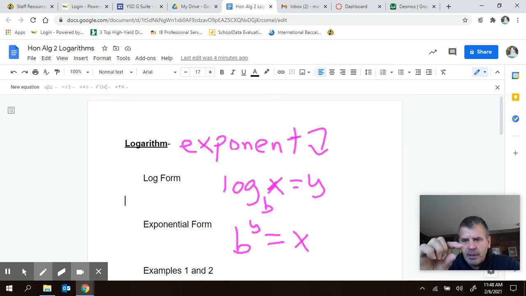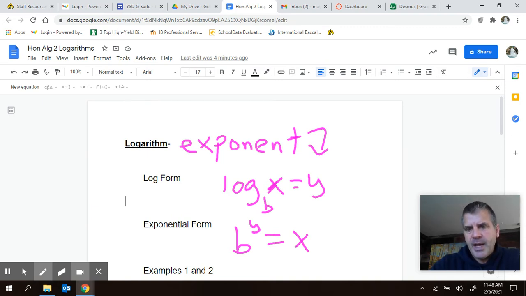So they're just working in conjunction. One represents the other in its different form. Functionally, they're quite different. They're inverses of one another. So I don't want you to think like logarithm means exponent. It means exponent in terms of its form.